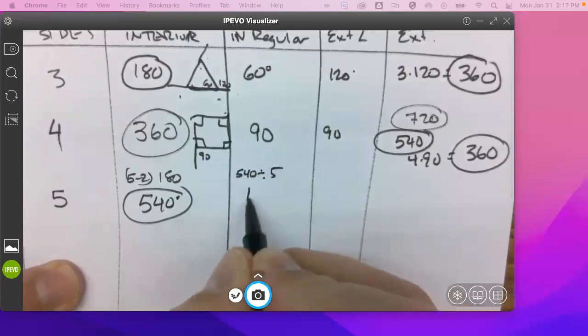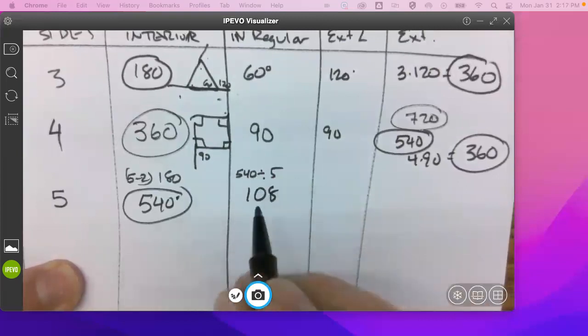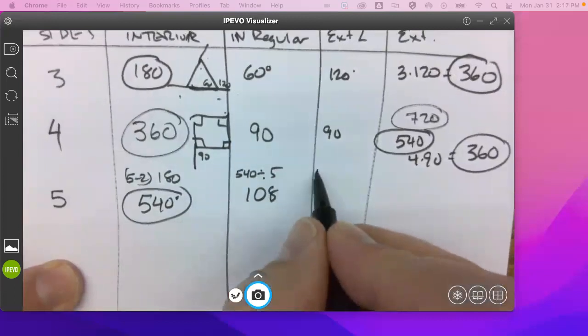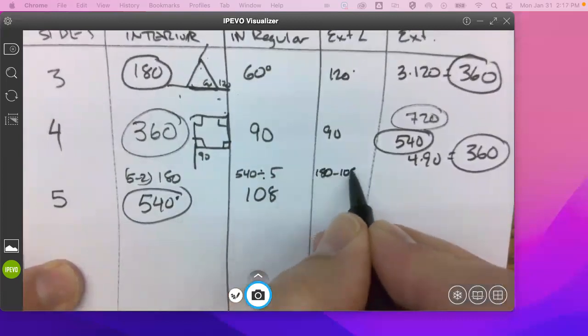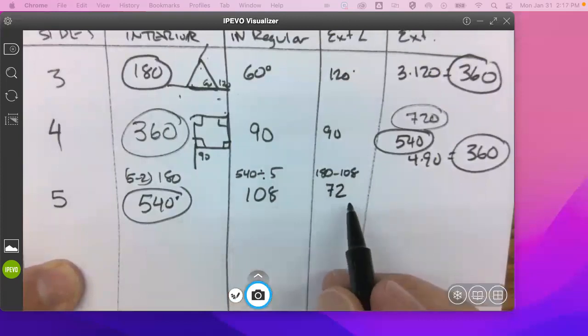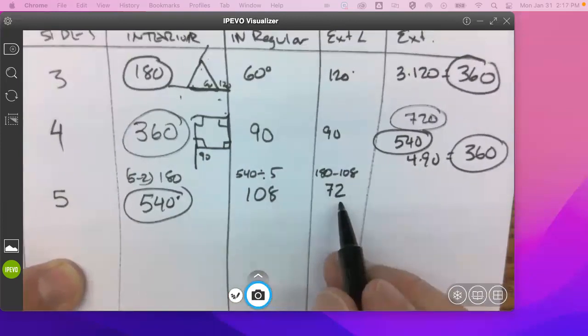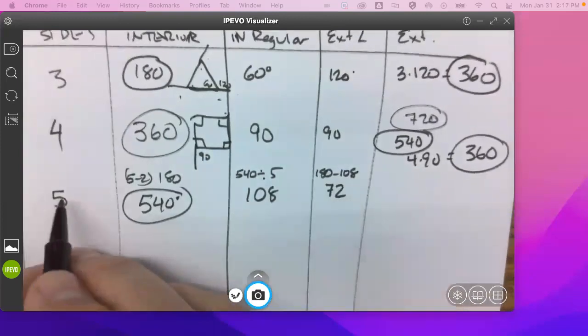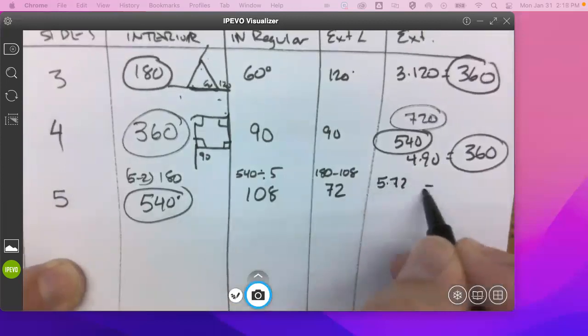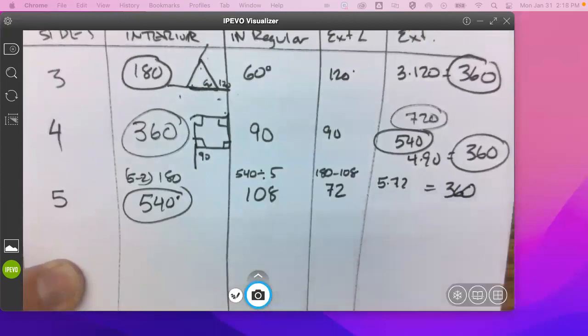So 540 divided by 5, it would be 108. And if that's 108, how big is the exterior angle? 72 is correct. And so if 72 is a single exterior angle, how many of them are there in a 5-sided figure? There's 5. So 5 times 72 equals 360.